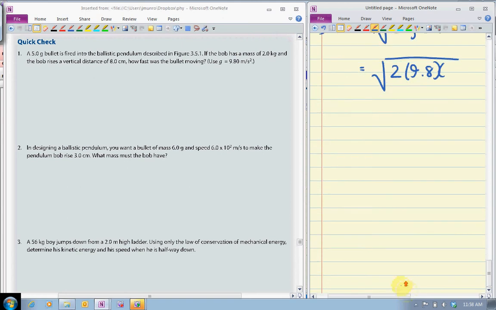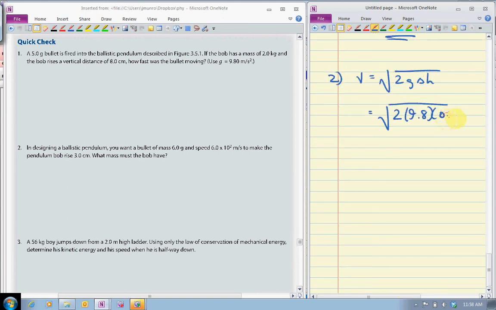It says I want to make it rise 3 centimeters, so 0.03 gives me 0.24 meters per second. That is the velocity of the block.